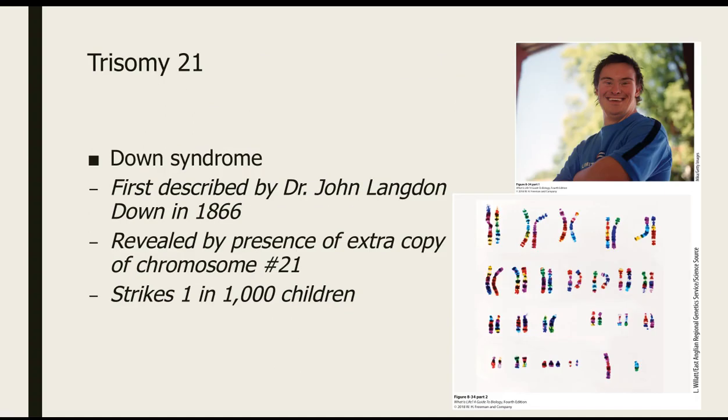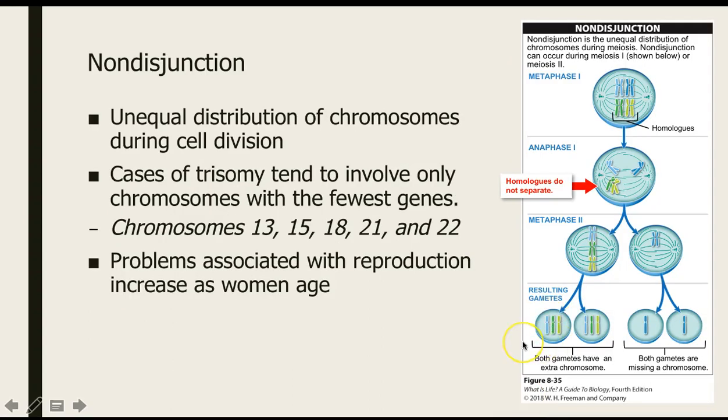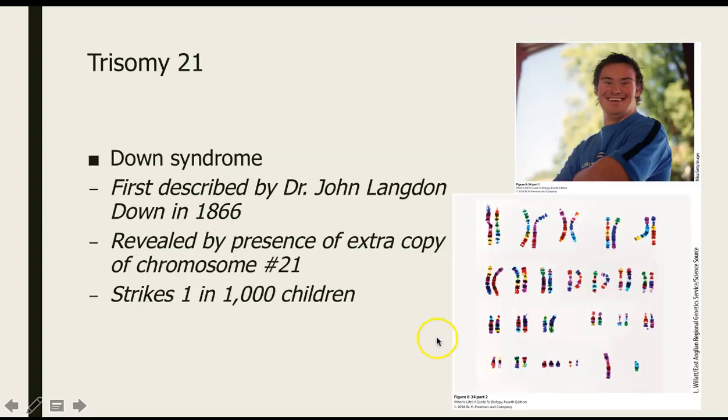So what happens if you do make this mistake? This is an example of trisomy 21, which is also known as Down syndrome, named after Dr. John Langdon Down back in 1866. He basically just described the syndrome.